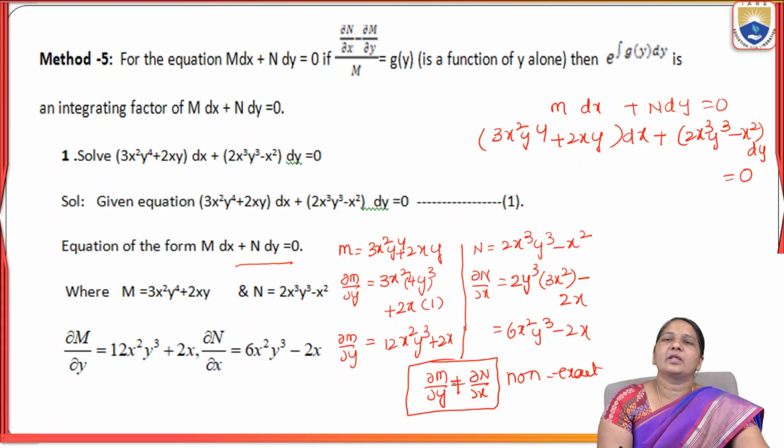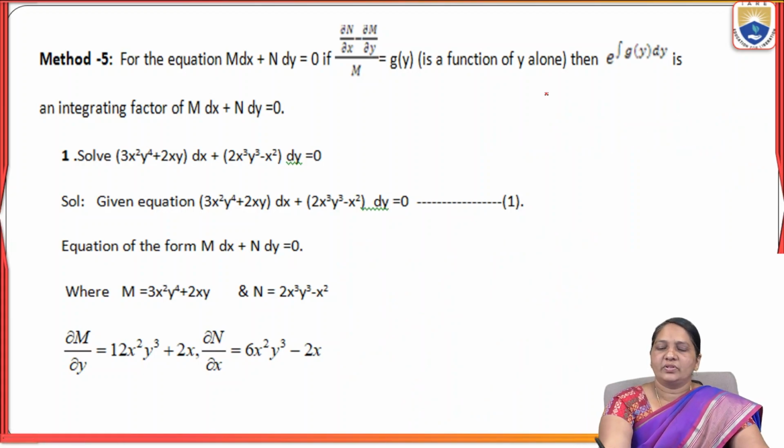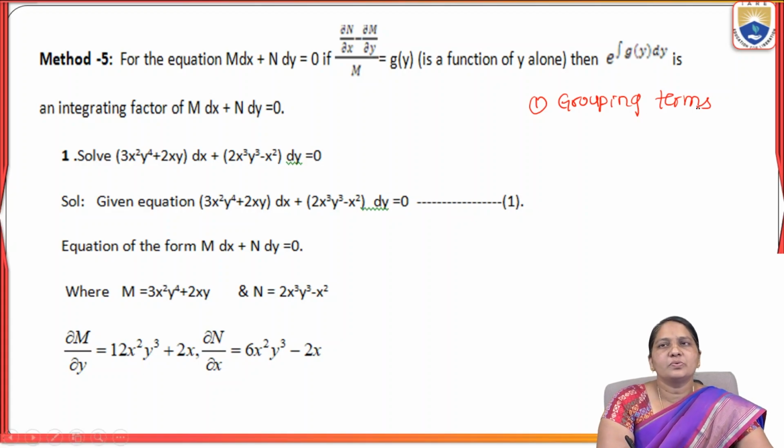After deciding this, we have to check which method this equation belongs to. We have 5 methods. The first method is grouping the terms. When you look at the equation, if there is a possibility of grouping the terms, then we can follow method 1.